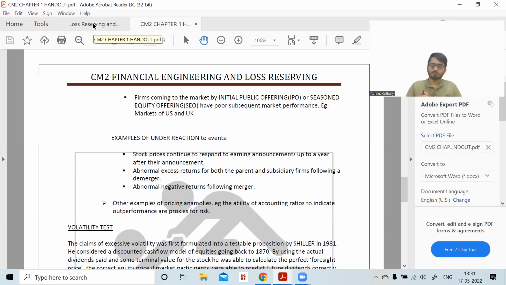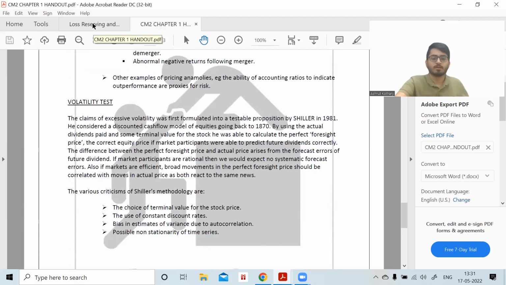So now, this Schiller came up with a proposition that, let me just read it out once. The claims of excessive volatility was first formulated into a testable proposition by Schiller in 1981. He considered a discounted cash flow model of equities going back to 1870.